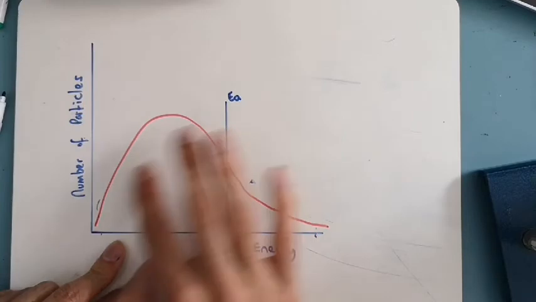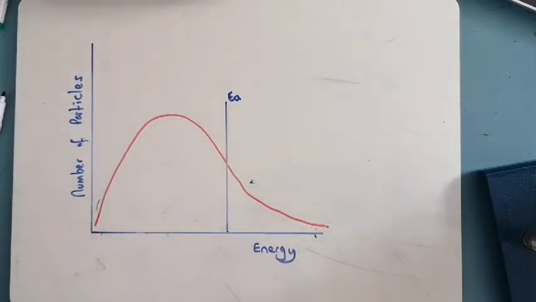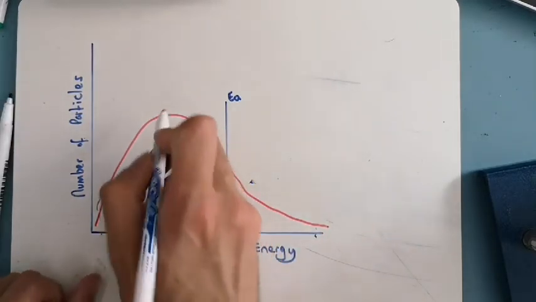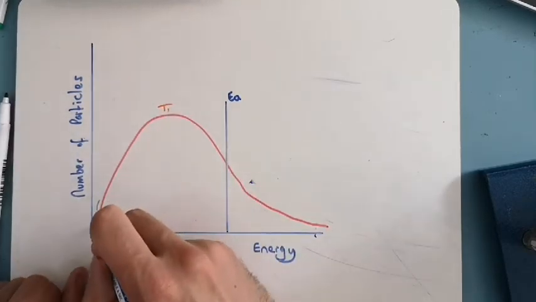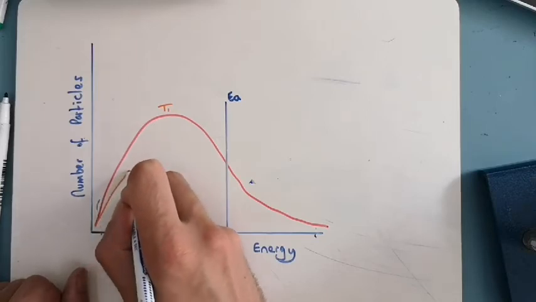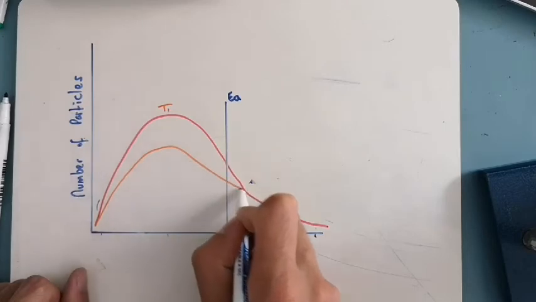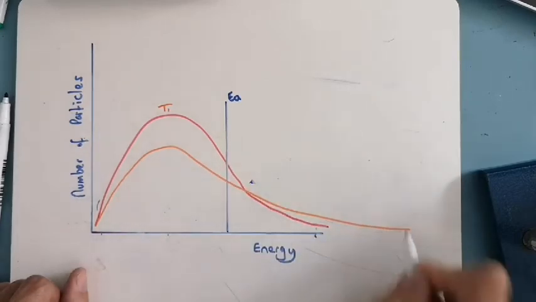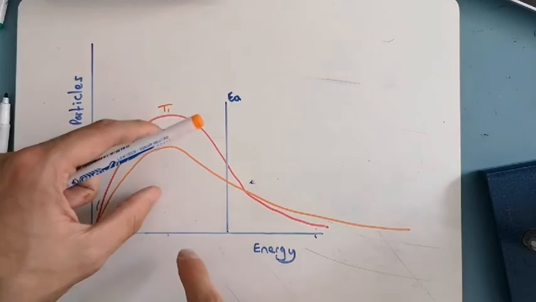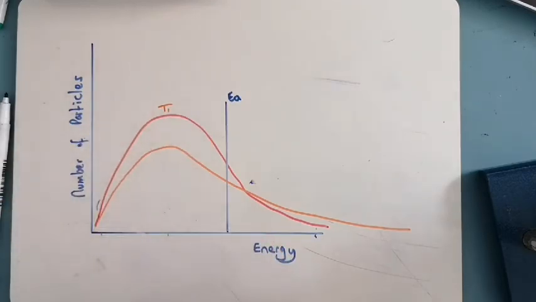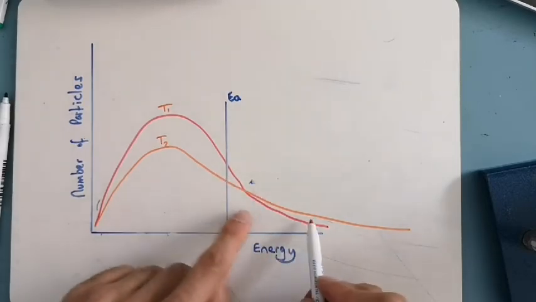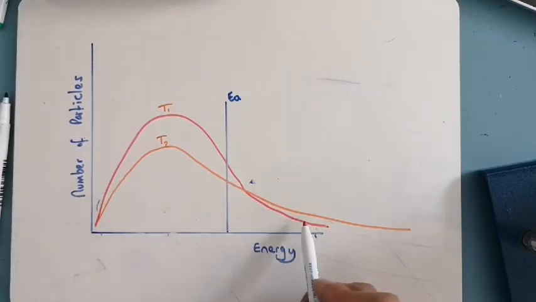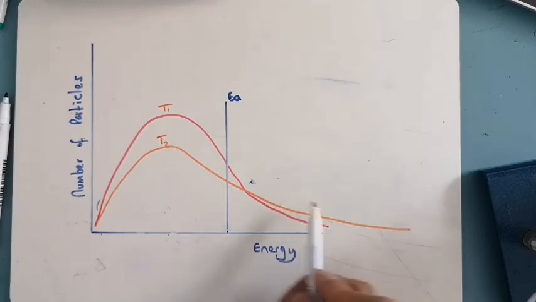So, two ways we can adapt this. First of all, we can increase the temperature. If we call this T1, if I increase the temperature, the curve changes slightly. Now the area stays the same, but we put more energy into the particles. So what happens is the area between these two curves is still exactly the same, but now more particles in the second one, just about, have enough energy to react.